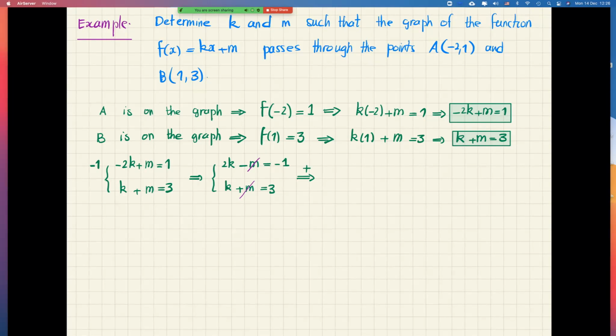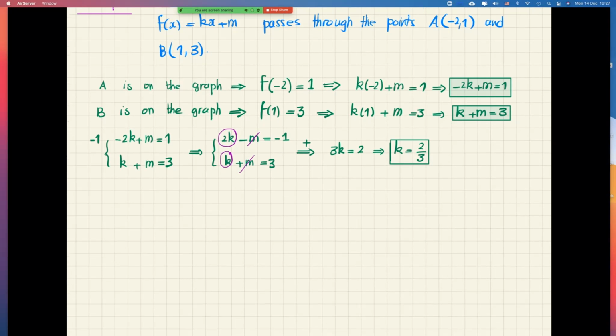This 2k and this k are added. It becomes 3k, yes? On the right-hand side, I have -1 and 3 added. It becomes positive 2. And then I am looking for k, so I divide by 3. It becomes 2/3, yes? So this is the answer that I will get for k.